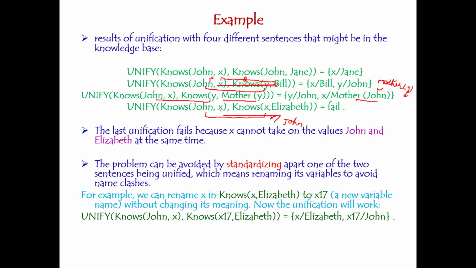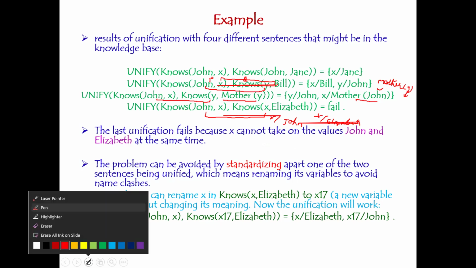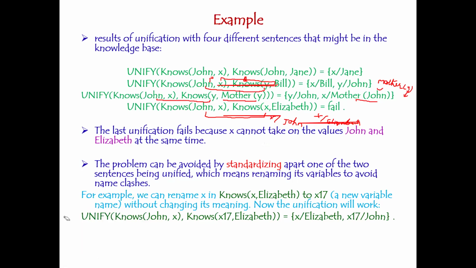Next, for the same X I have Elizabeth also. X should be substituted with Elizabeth. So now one variable cannot have two parallel values at the same time. So what should I do? So this is a problem. So it will return a failure.